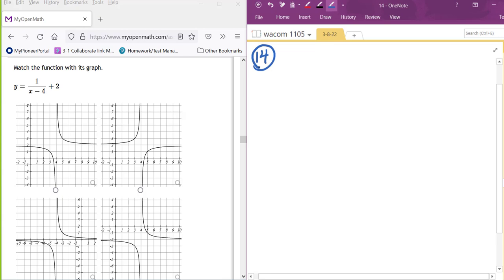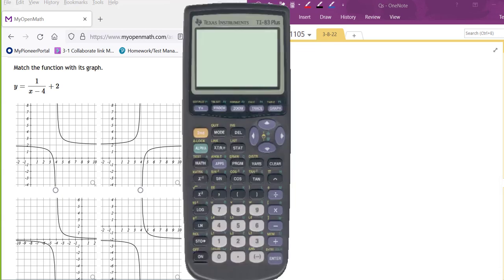And we want to pick which graph this is. So I will bring the calculator back on this one, and we'll clear that out. And we'll clear out this piece. Let me make sure my window did go back to standard. Okay. So when I put this function in, I have to use parentheses.